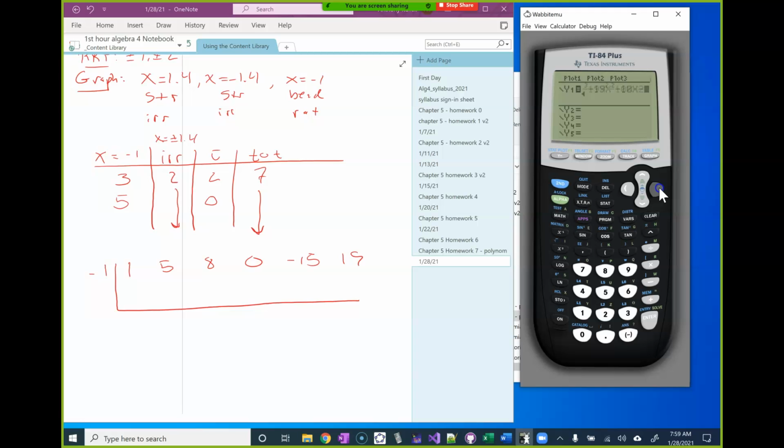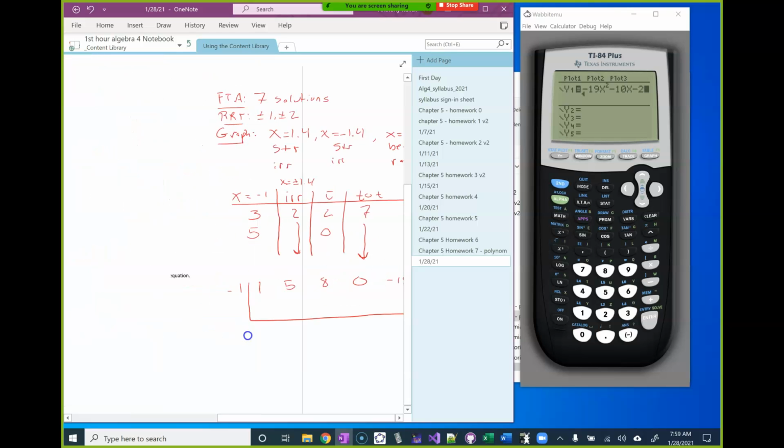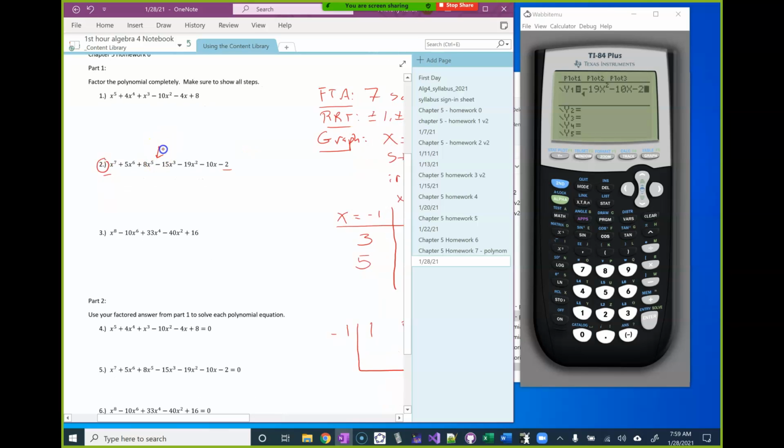Well, if you look at the polynomial, there are no x to the whatever's in that spot. X to the fourth, maybe? So have to be real careful about that.